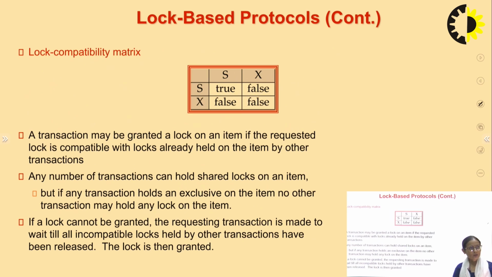This is our lock compatibility matrix. We have two modes, one is shared and another one is exclusive. What is the lock compatibility matrix saying?